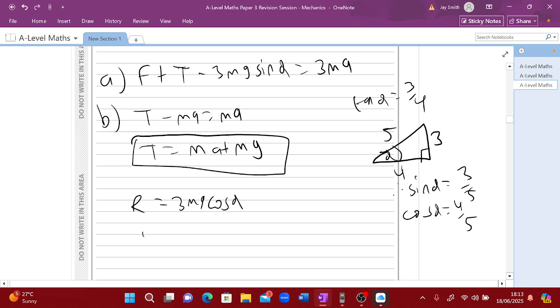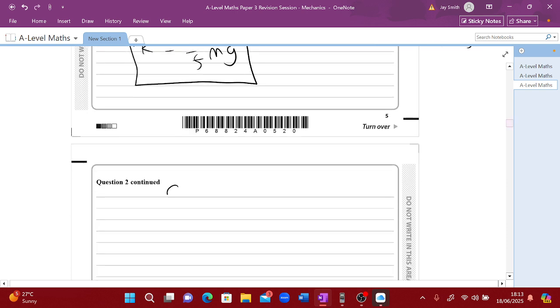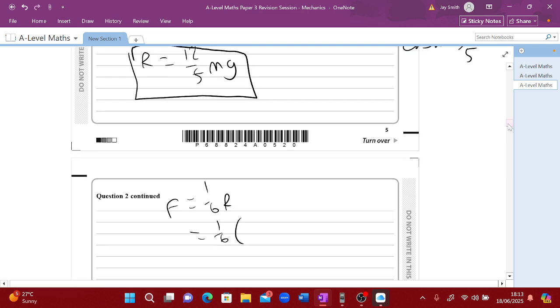Which means R then is going to be 3mg times 4/5. So 3 times 4/5 is going to get us 12/5 mg. Now we got that as well. Cool. Now we know that F is a sixth of R as well. So F is a sixth of R. That's going to equal a sixth of 12/5 mg.